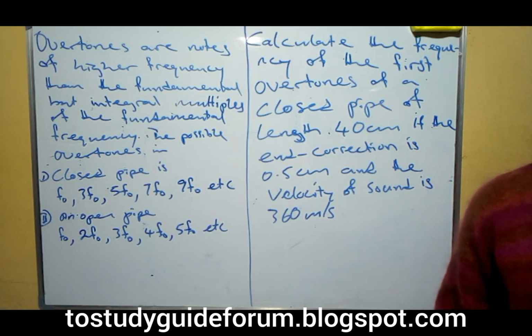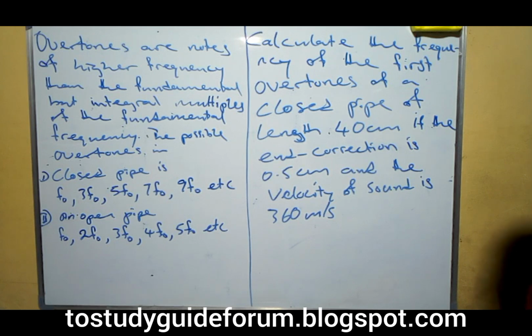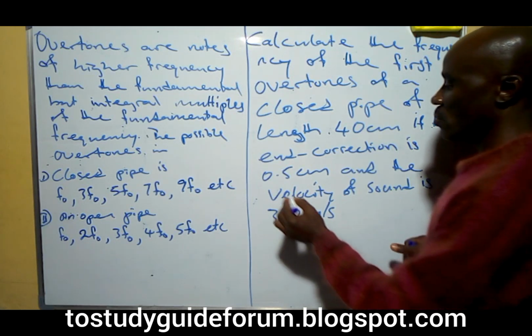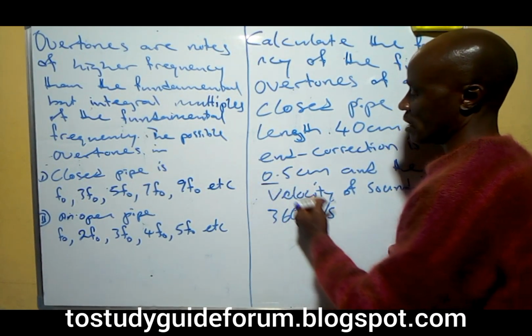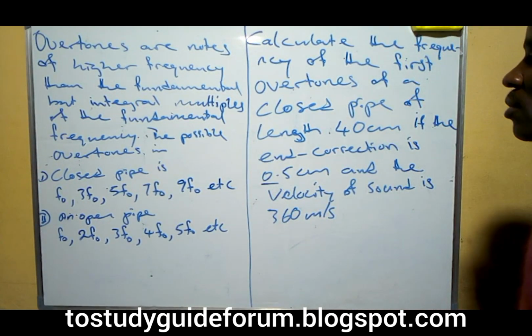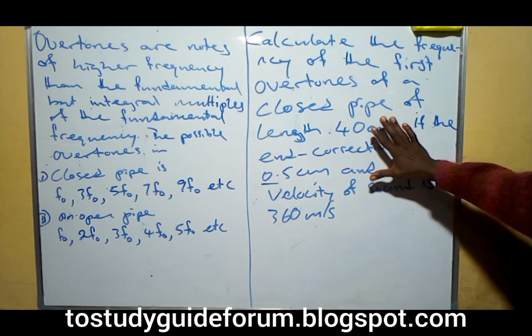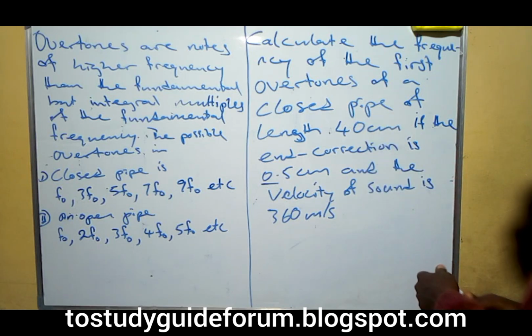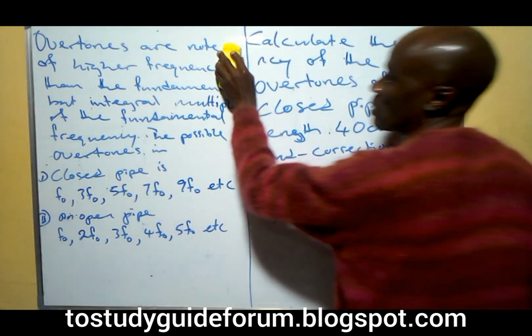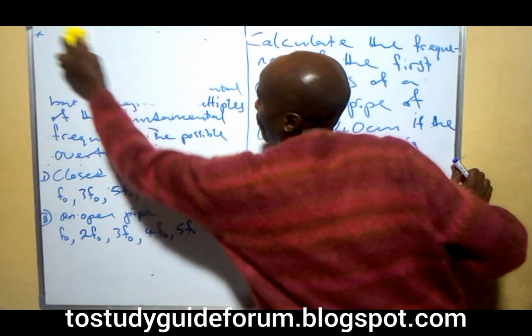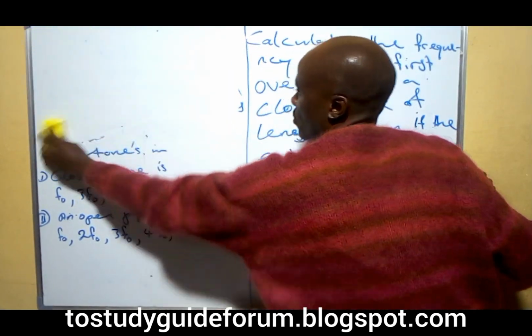If you look at this, you find something that should call our attention: the end correction. The end correction is what we need. We need to add it up. Remember, in the previous video we did something with that. Then let's see how far we can solve this problem.